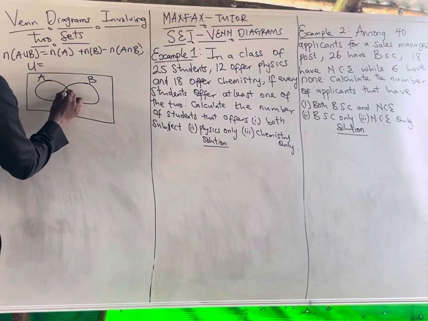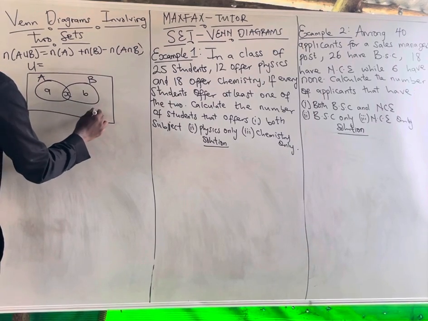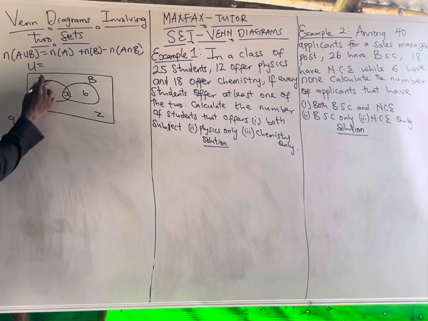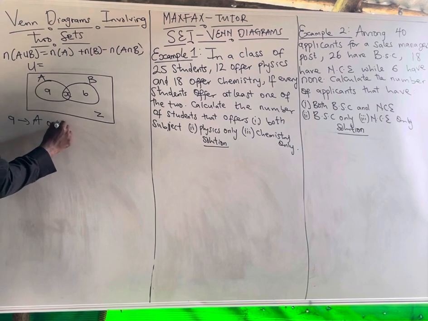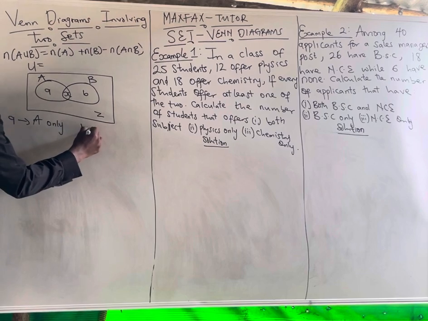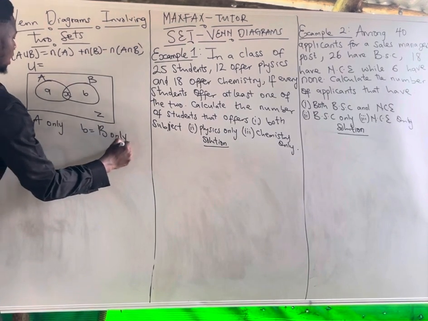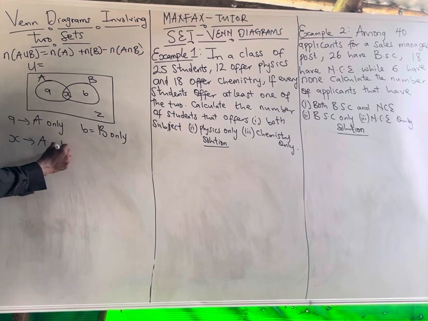I can represent this center as X, this as A, this as B, and the outside as Z. Guys, you have to understand that this small a represents A only. The small b represents B only, while the X represents A intersection B.